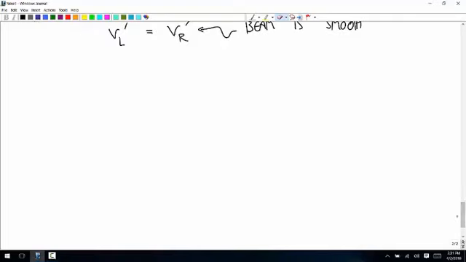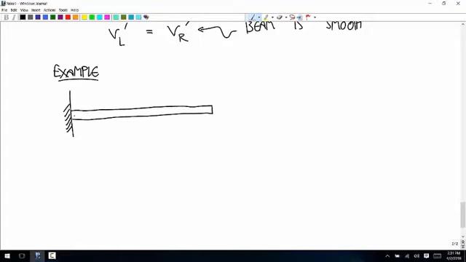Okay, let me do an example. So let's say we have a cantilever beam, and it has a uniform distributed load with a value of 10,000 newtons per meter.